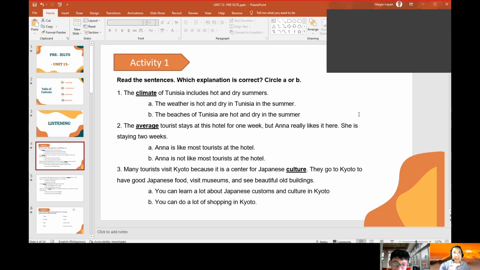We experience cold starting from October, November, December, and then until January, we can feel the coldness of the weather. Right after that would be summer, then after summer would be rainy days. And after rainy days, it would be summer again, and then cold days. So that is our weather here in the Philippines.